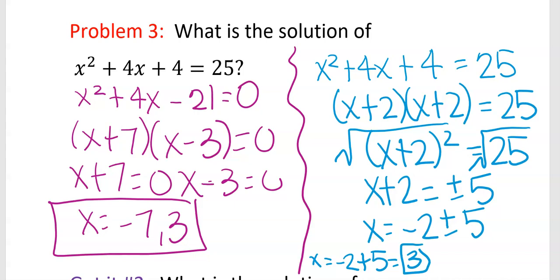We got that answer before. And the other would be x equals negative 2 minus 5, which gives you negative 7, which we also got before. So if you recognize that the left side is already something we can factor, you can do it that way as well. I would definitely have probably done this one the first way because I always check factoring first. But if they're asking you to write it like that, at least you kind of know what they're doing.